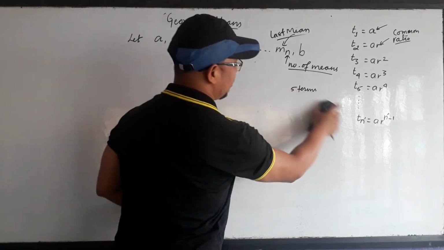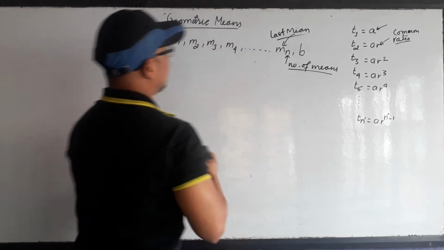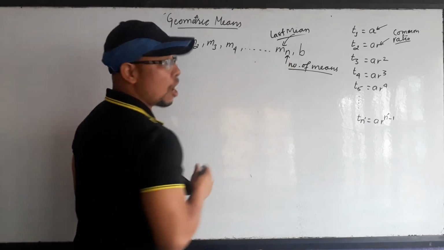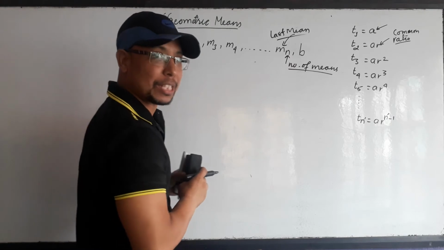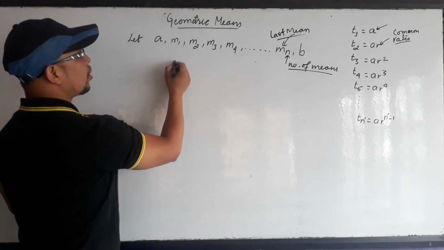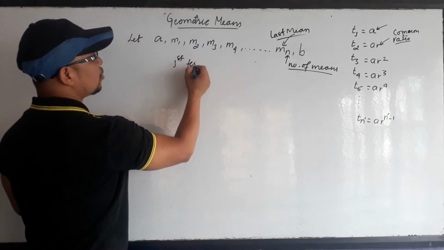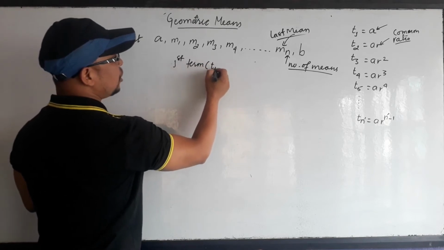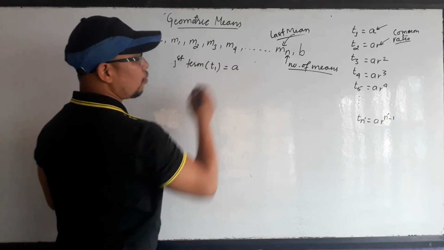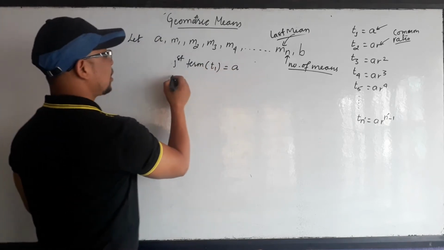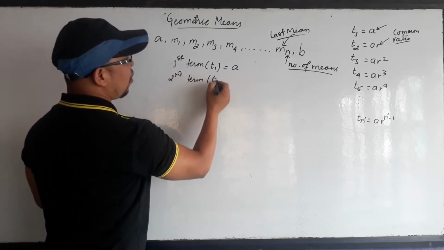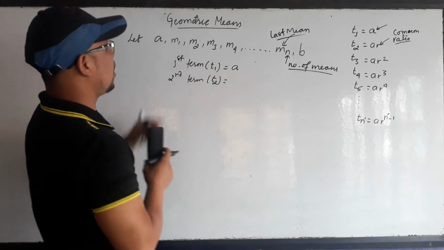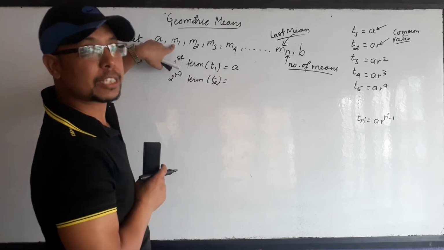Now see here, as n is the number of means, don't forget that n is the number of means. Let me write here. This is the first term, T1, and the first term is always A. Now the second term is T2, and the means always start from the second term.